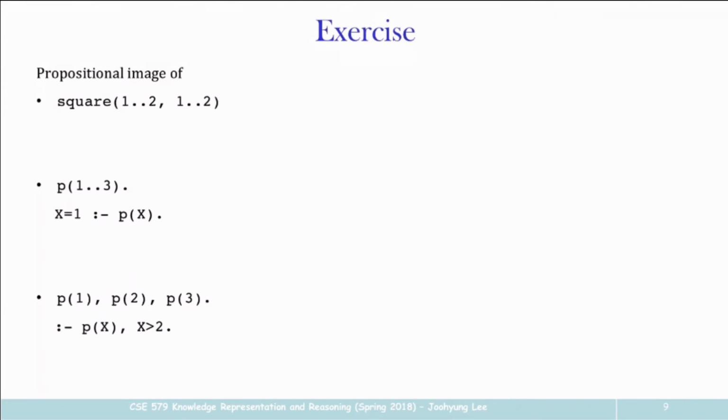It's a conjunction of all possible value substitutions. So this is square 1 comma 1, square 1 comma 2, square 2 comma 1, square 2 comma 2. Instead of writing this lengthy code, you can just write this. That's it. Good. Question about the first one?